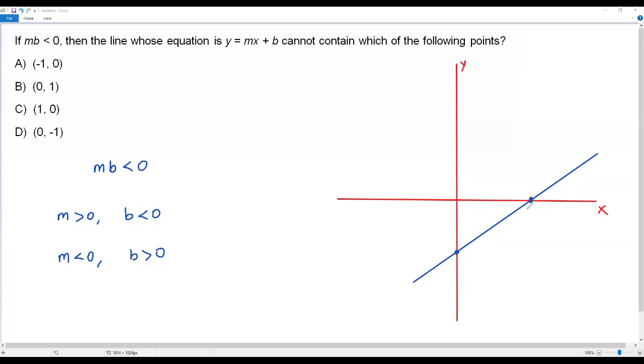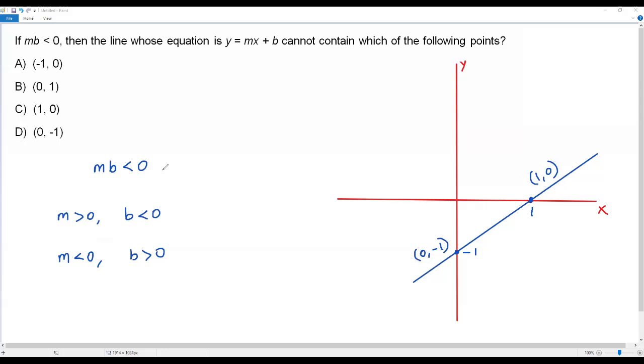Let me consider two points over here. Let me assume the value on the y-axis over here is -1, and the value on the x-axis over here is +1. Then we have the point (0, -1) over here, and we have the point (1, 0) over here. When I draw a line with this condition, that is m greater than 0 and b less than 0, the line can contain the points (0, -1) and (1, 0).